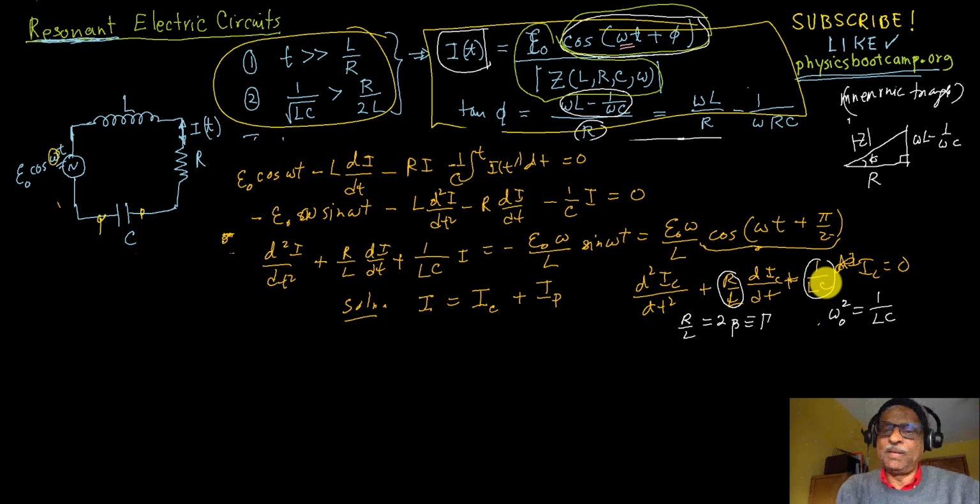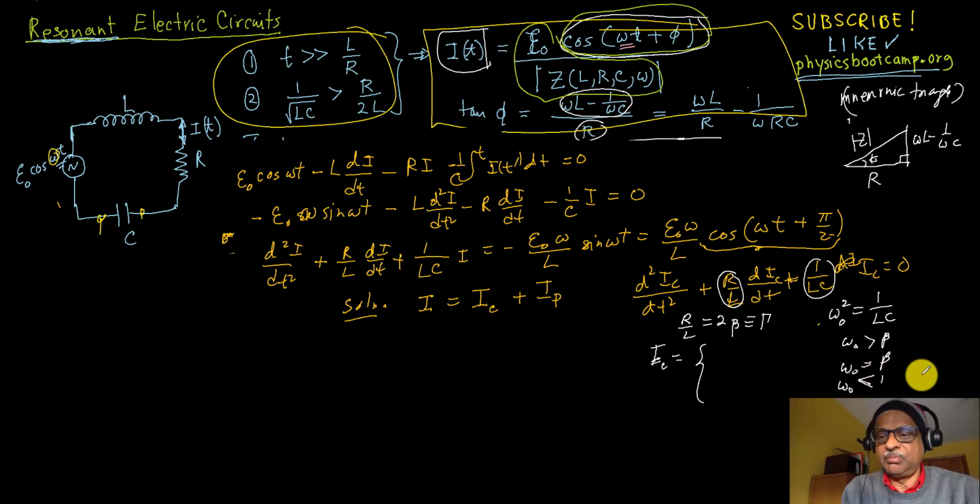The solution for I_C will have 3 types: omega naught greater than beta is the under damped case, omega naught equal to beta is critical damping, and omega naught less than beta is over damped. There are 3 different scenarios for this solution.